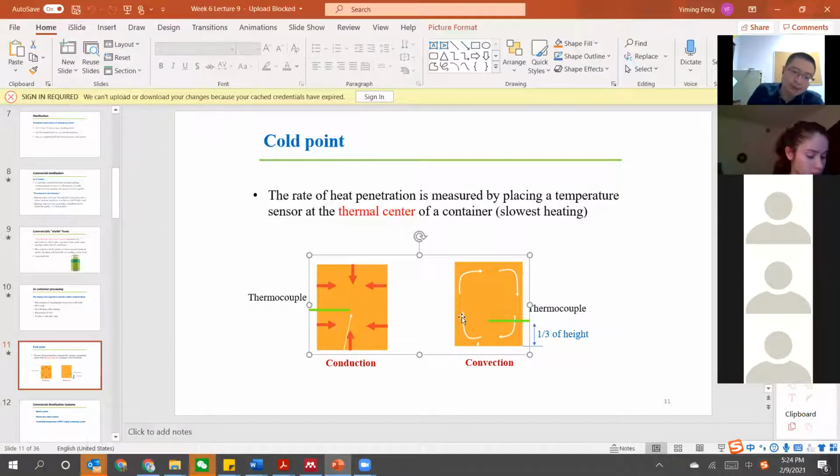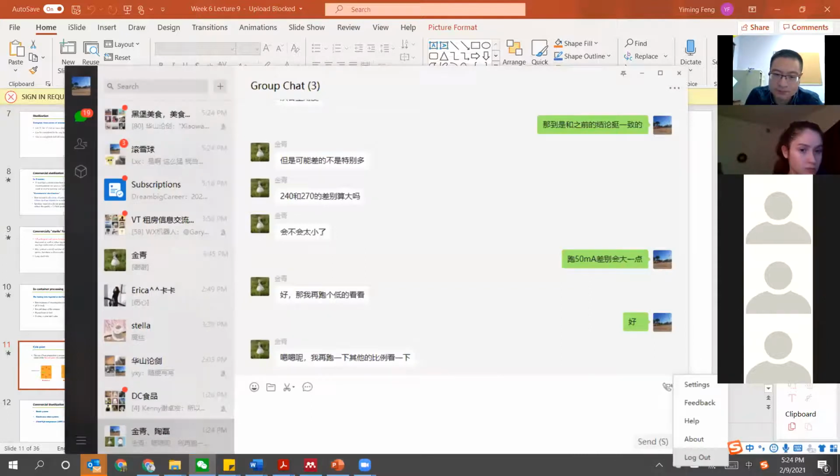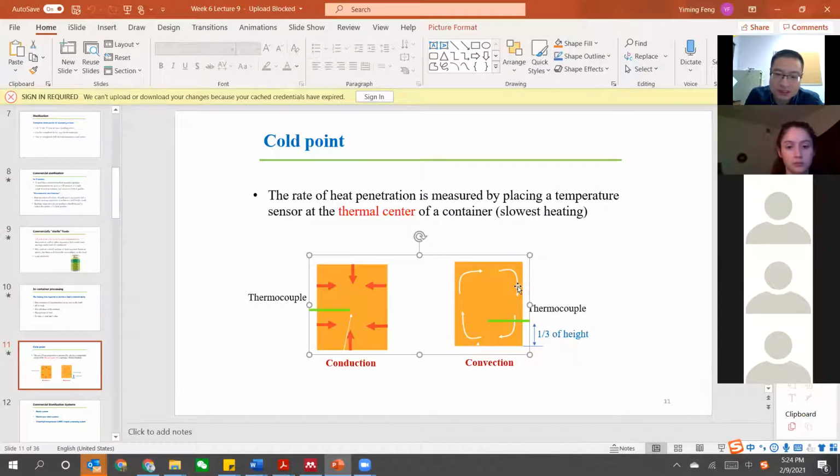But if we have convection in the liquid, then the thermal center or cold point is a little bit lower than the middle. That's because the hot liquid usually has lower density, so it has a tendency to move up.